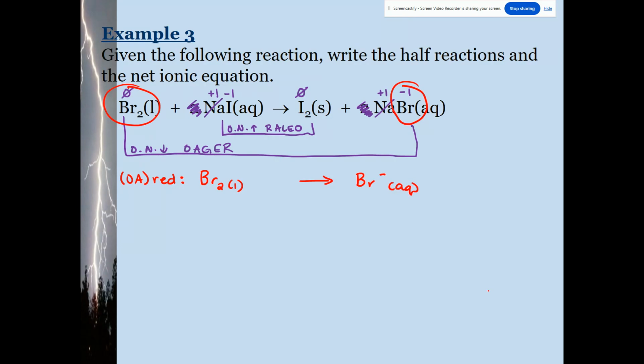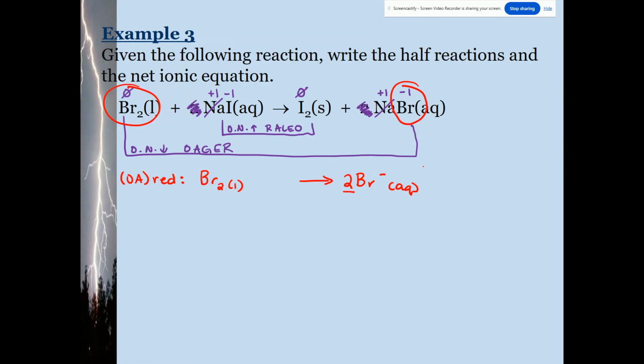Now, before I figure out my electrons, I need to make sure I have an equal number of bromines on each side. Bromine is diatomic, so there's 2 bromines in that molecule, which means I need 2 free bromide ions. That's why I'm putting a 2 here, because bromine by itself is always diatomic, so it forms 2 free bromide ions.